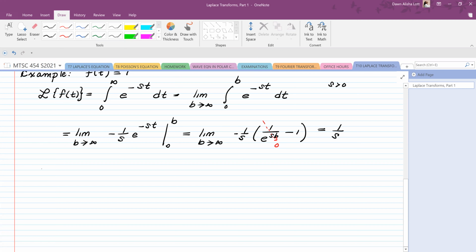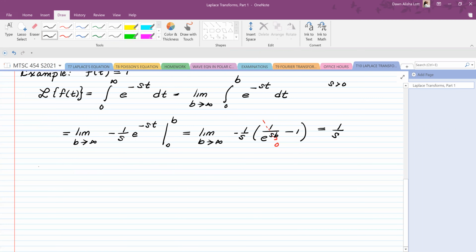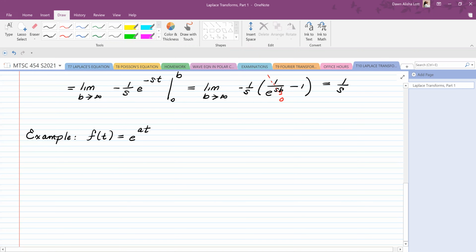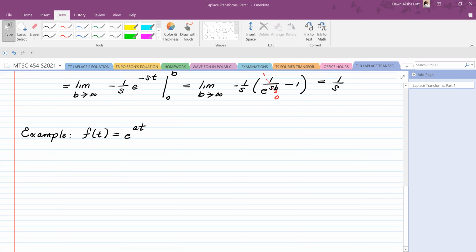Another example, I'm going to let f of t equal e to the at. So therefore, the Laplace transform of f of t is the integral from 0 to infinity of e to the at times e to the minus st dt.